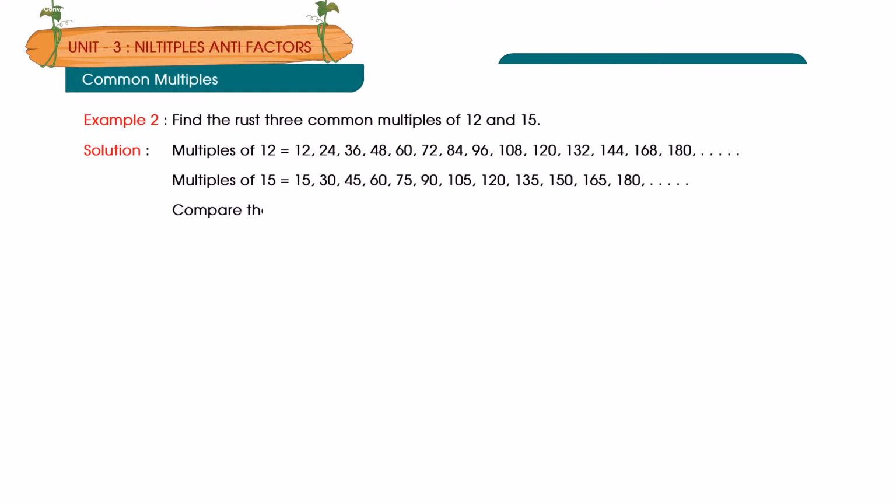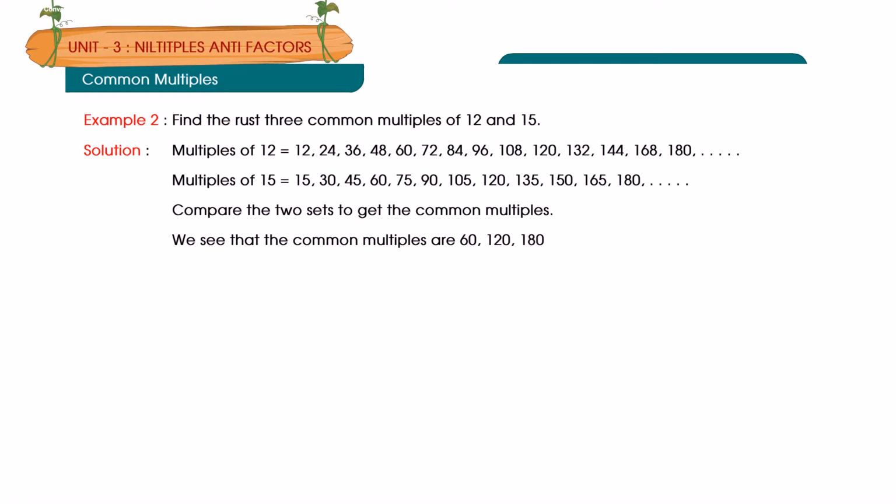Compare the two sets to get the common multiples. We see that the common multiples are 60, 120, 180, and so on. Therefore, the first three common multiples of 12 and 15 are 60, 120, and 180.